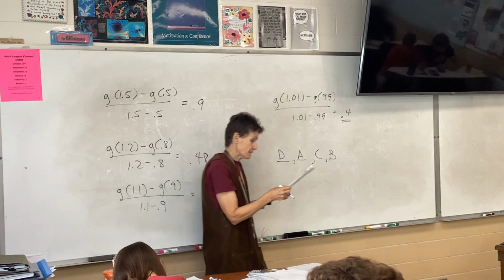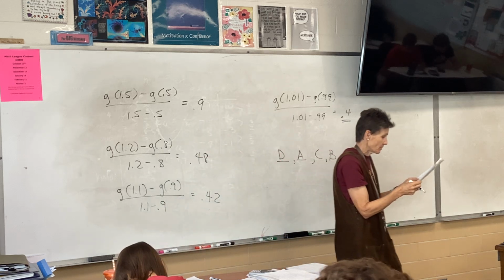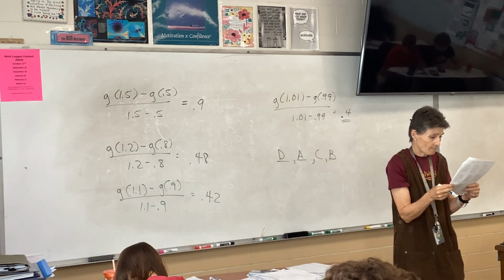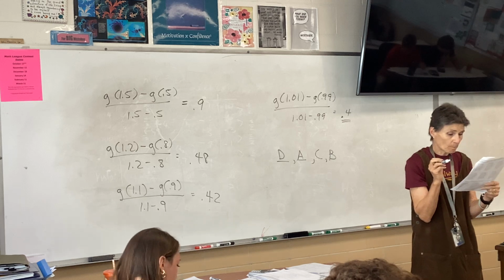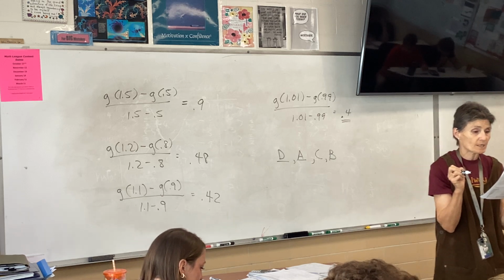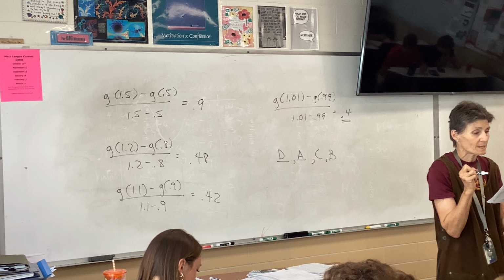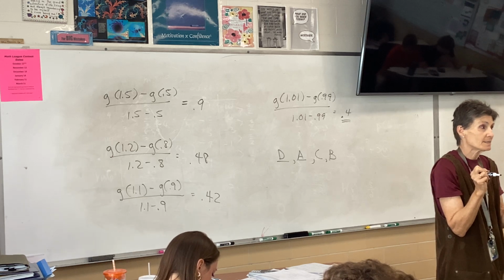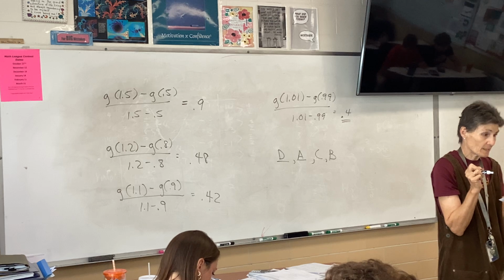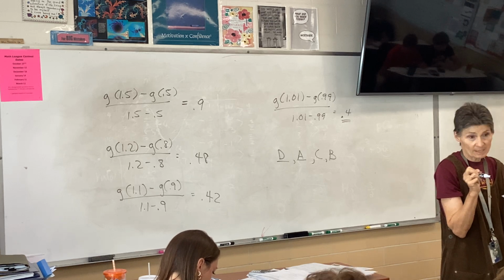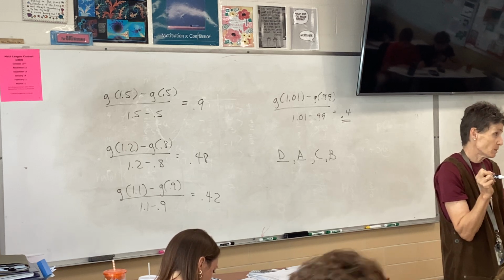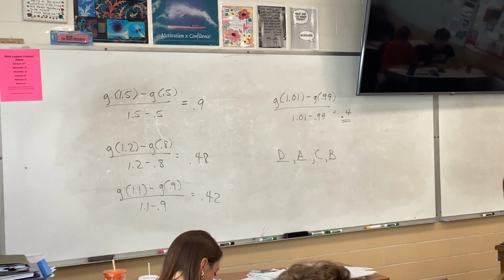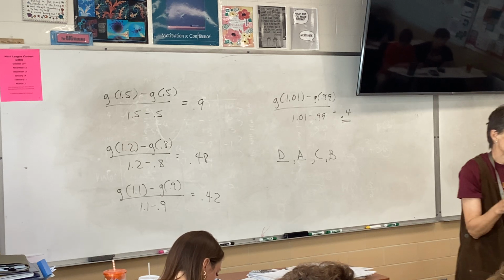For each of the following statements, circle the correct answer. Okay. From point A to point B, the rate of change is what? A to B. The rate of change is decreasing, increasing? Increasing, how do you know? Concave up.